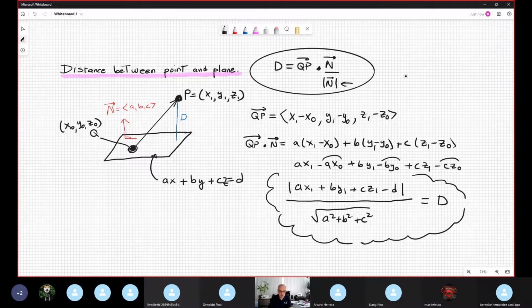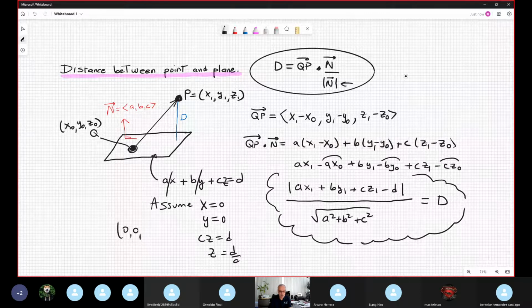It's easy because, for example, this is Z. Sorry. You assume X equals 0 to make it easy, Y equals 0, this part disappears, and we have Z equal to D over C, and you get a point that will be 0, 0, D over C. And you have a point Q. You assume 0 because 0 is easy, but you could suppose 1, 2, 1, 1.